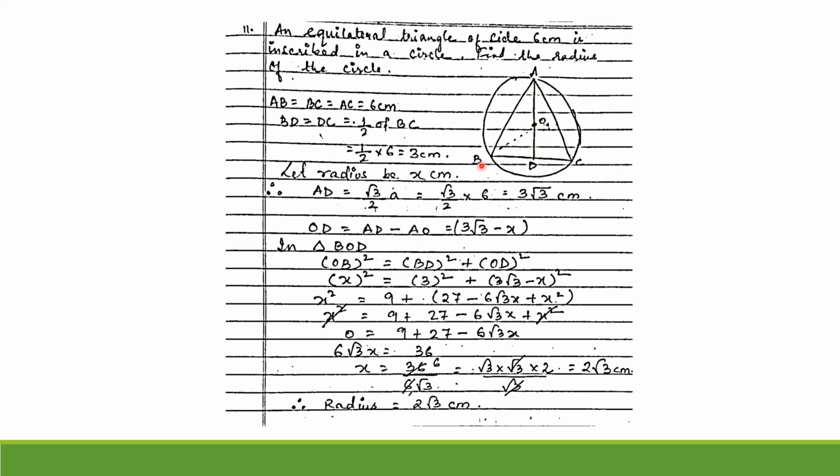Again, substituting in triangle BOD, we already know OB is x centimeters, and since it is given to us that the side is 6 centimeters, BC is 6, so half of BC, BD, will be 3 centimeters. Substituting the values, we got the value of x as 2 root 3, which we had assumed to be the radius of the circle.